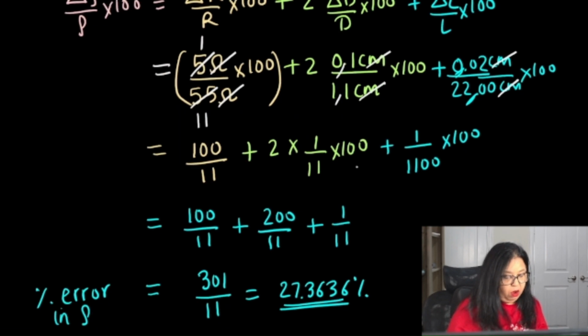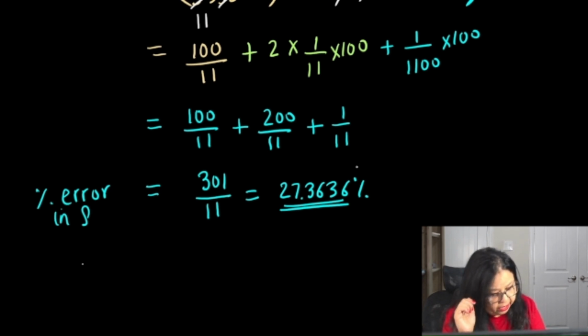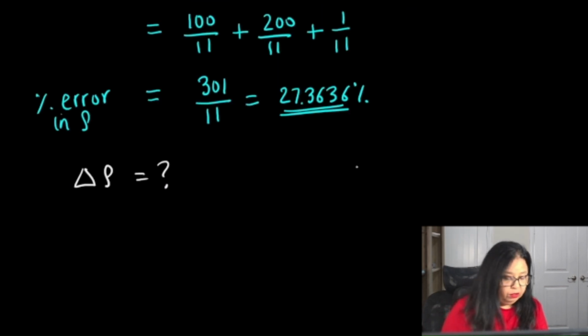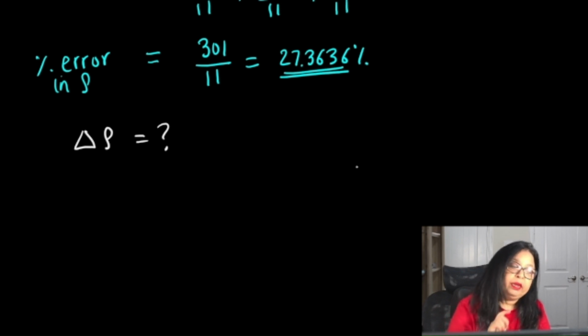Okay, so now we have percentage error in rho and rho. Let's go ahead and calculate delta rho. How do we do that? Problem didn't ask us to solve for delta rho explicitly, but we are going to go a step further and do it anyway.